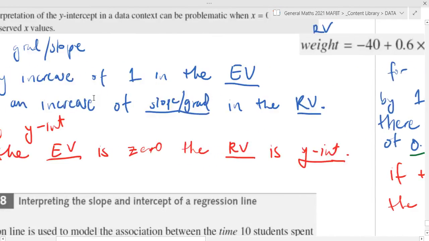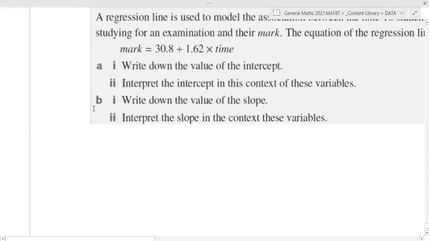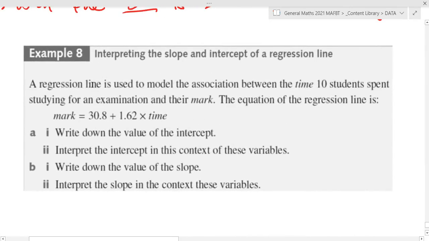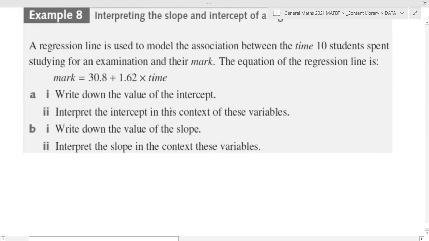Alright, so let's go to the next part. Let's actually put some of this into practice. Here you have your formula: Mark equals 30.8 plus 1.62 times time. Part A. Write down the value of the y-intercept. So what's the y-intercept, guys? 30.8. Good. And then let's interpret that. So how do we interpret that?